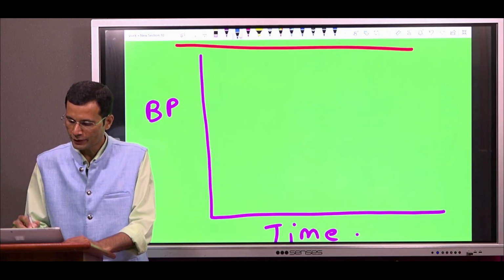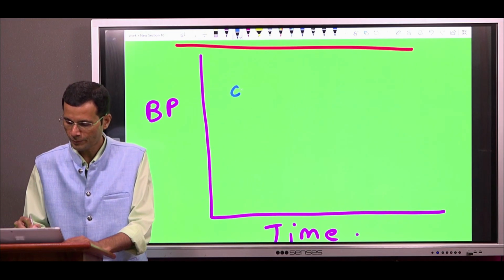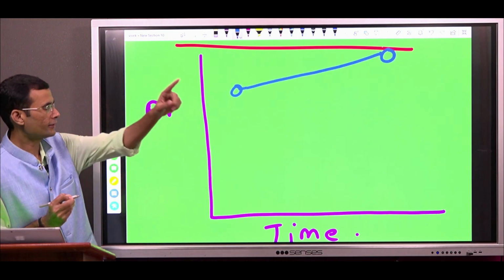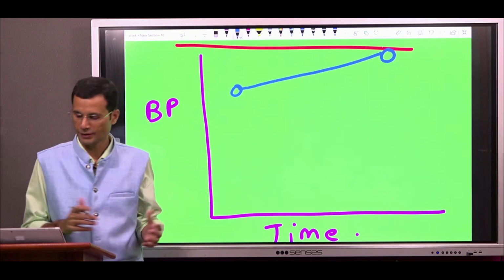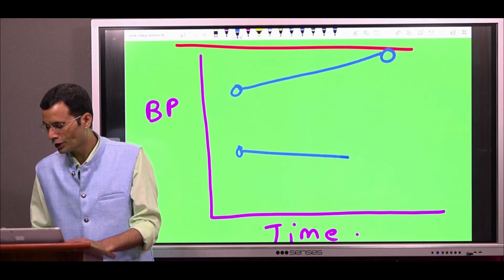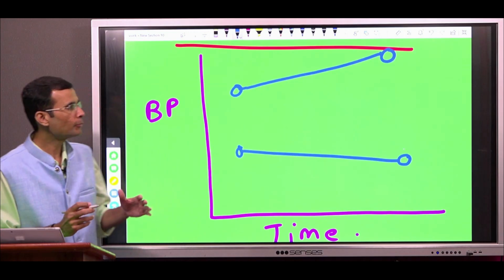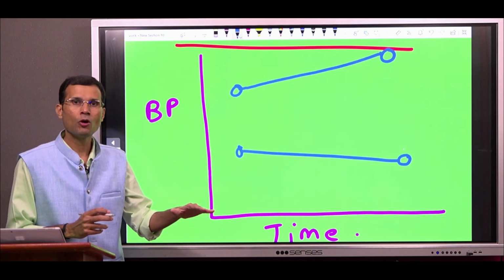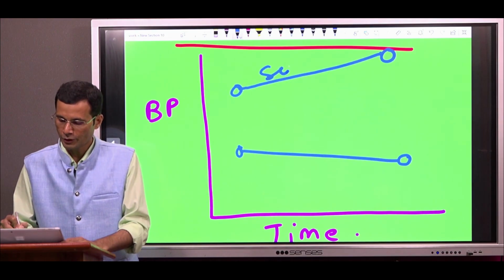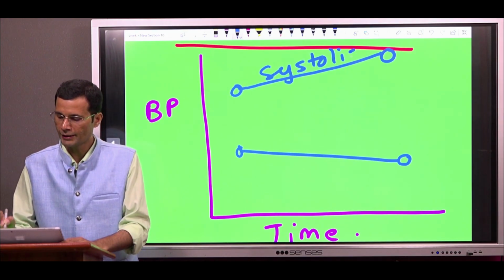Now, if we look at systolic blood pressure, it increases as we perform this exercise. But what happens to the diastolic blood pressure? Diastolic blood pressure remains the same or slightly decreases. So, let's summarize.